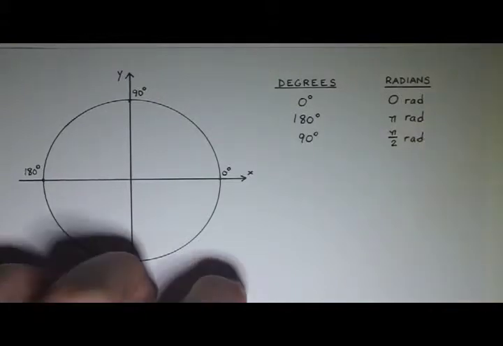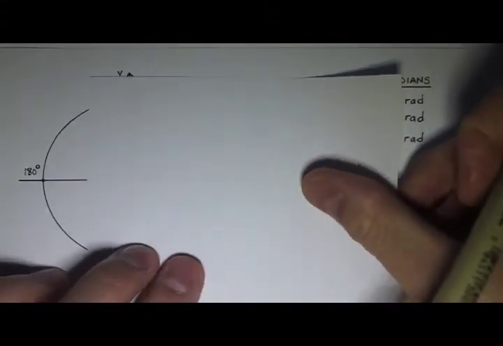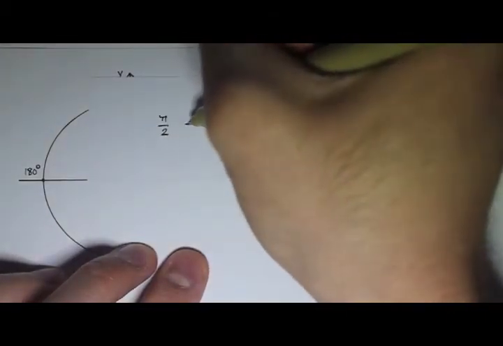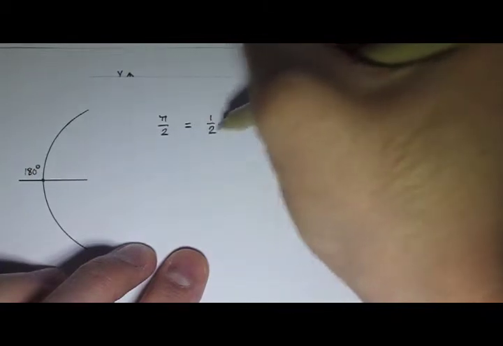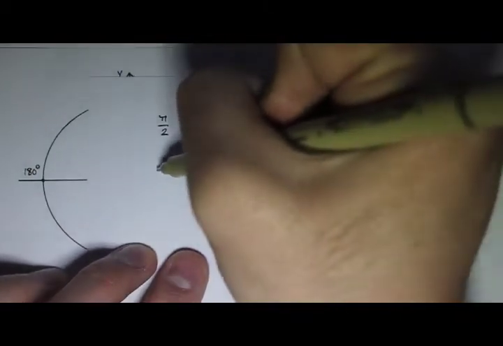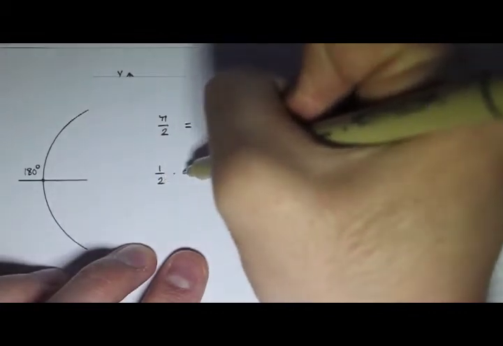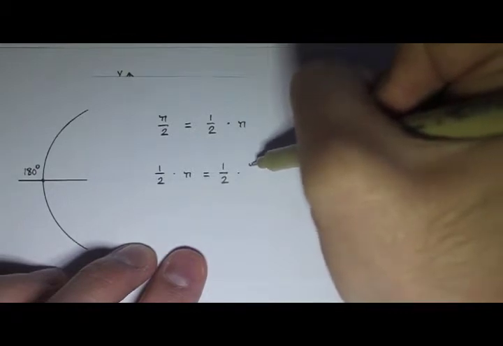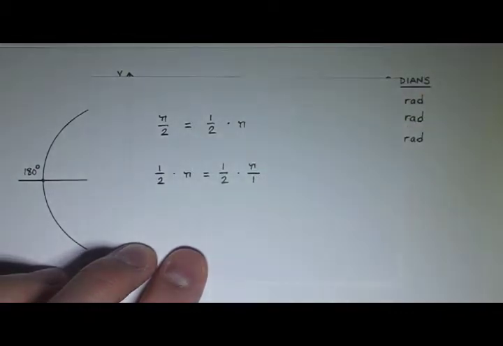I just want to say as an aside, when I write pi over 2, that's the same thing as saying 1/2 times pi, because think how fractions work. If I have 1/2 times pi, that's the same as 1/2 times pi over 1, because you can put anything over 1 and it's still the same thing.